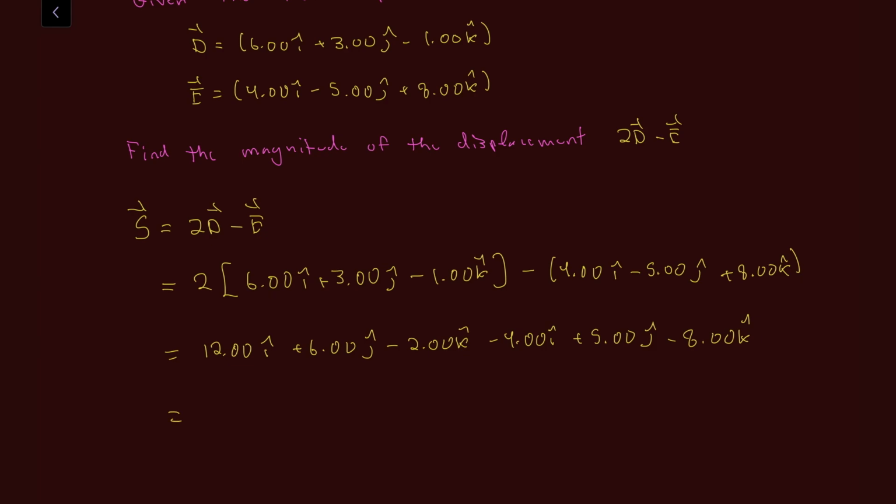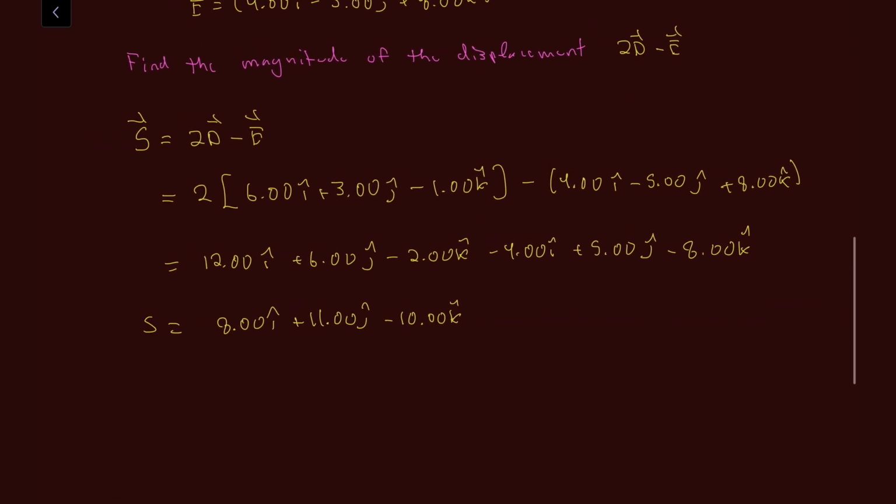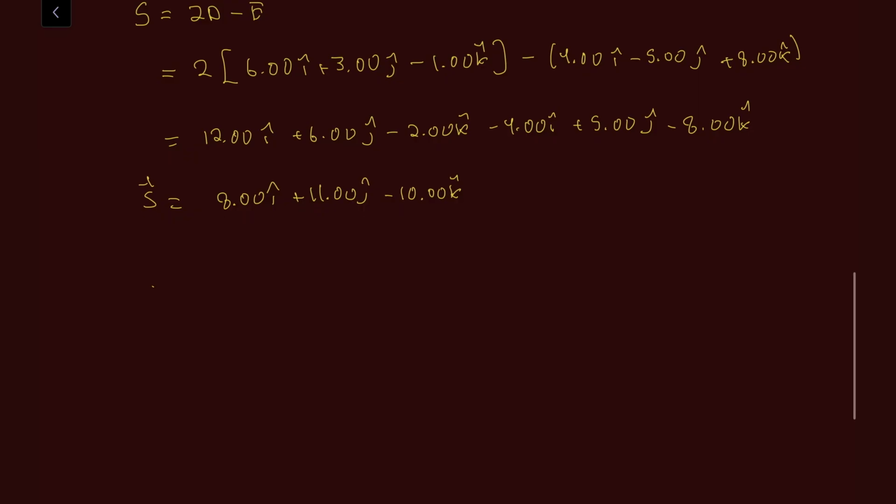Now we do the subtraction or addition. That's going to be our displacement vector. Now we have to find its magnitude. And that is just our Pythagorean equation in 3 dimensions now, but it's still the same thing.